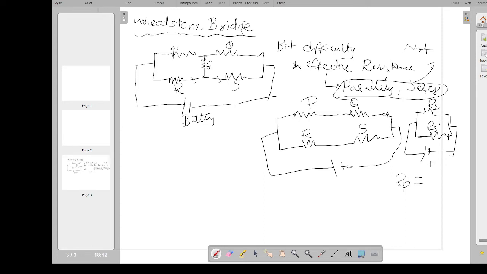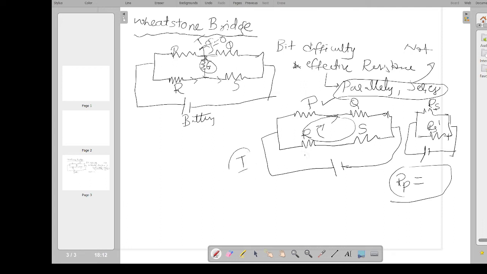With the help of the parallel combination we can easily find the effective resistance RP, and then I can easily calculate the current flowing through this circuit. So how to achieve this? The current flowing through this galvanometer must be 0, then only we can easily calculate the current flowing through this circuit.